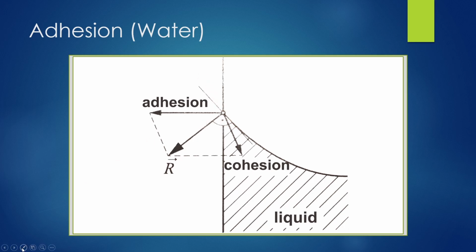If I continue this curve, it would look something like this, and this is a tangent line on this free surface. And the resultant force is perpendicular to this tangent line. This is when we have forces of adhesion that are bigger than forces of cohesion, and this is when we have wetting of the solid object.